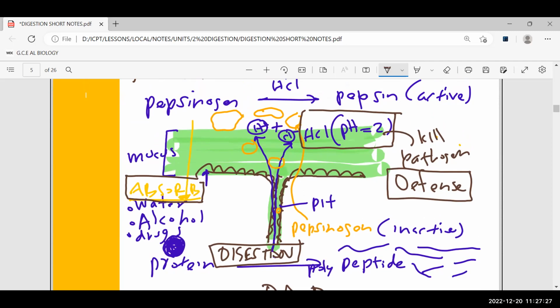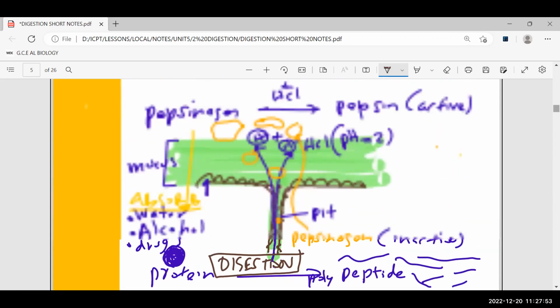We also add something new if they asked it previously in past papers, a question that is not in the resource book. This kind of thing we gather and add, right? So this is enough for the stomach. There are other factors it also secretes, but they are not important to learn, right?